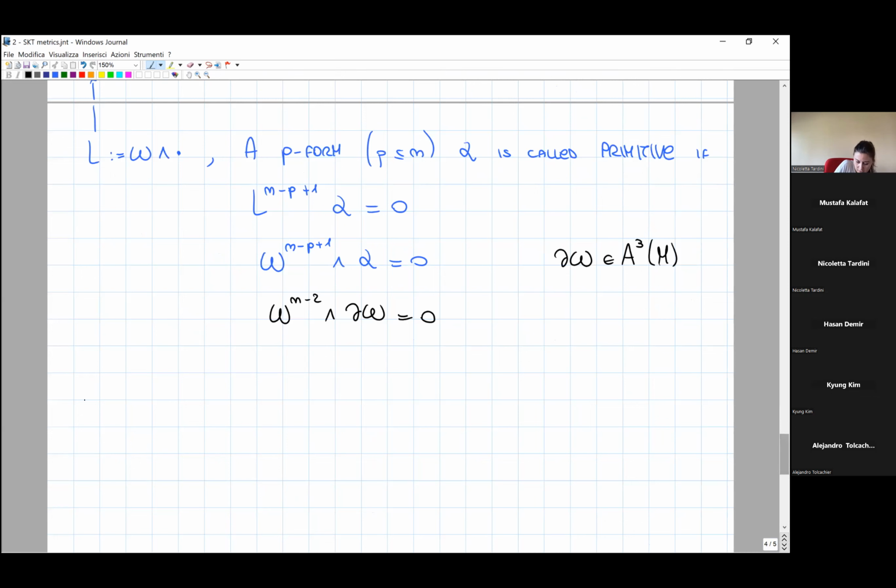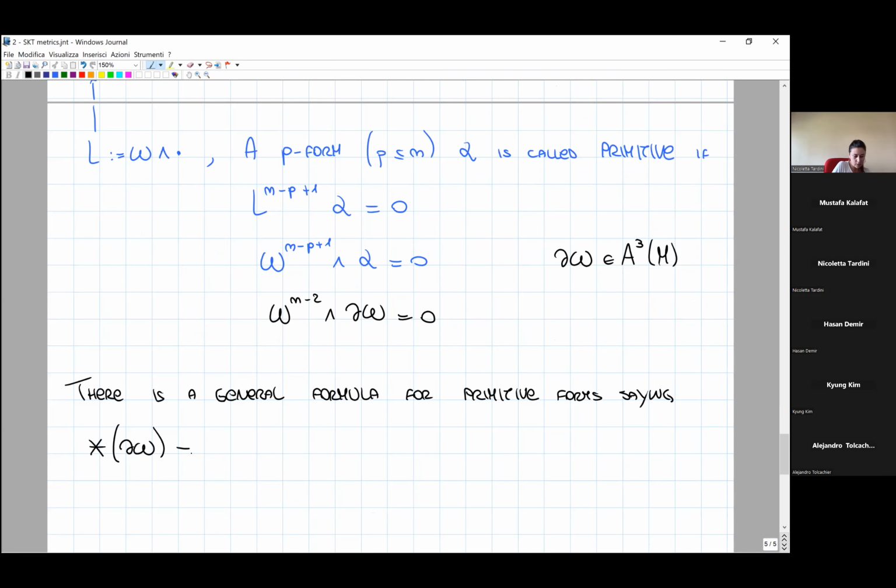Why am I saying this? Because there is a general formula for primitive forms saying that the star of ∂omega is equal to i over (n-3)! of omega^(n-3) wedge ∂omega.